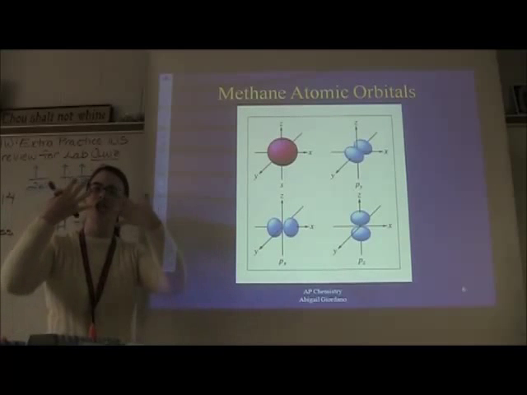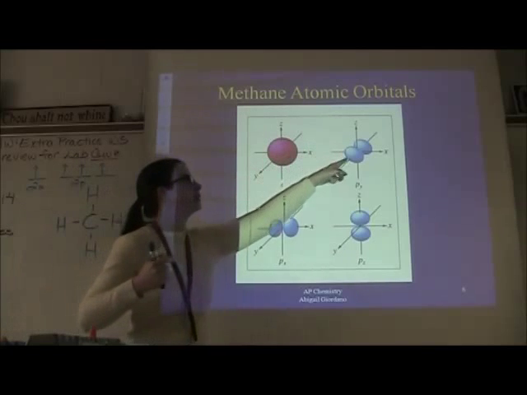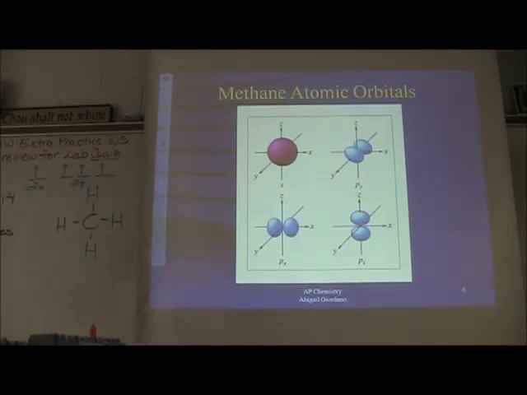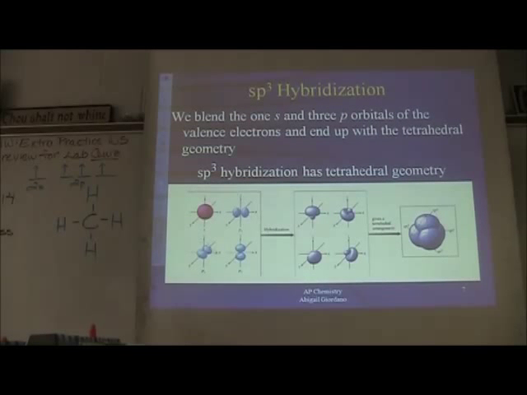What are we meshing together? These shapes. We're going to mush them together so that we get 4 identical shapes. Not identical, mush them together, you get these sort of mushroom shapes. Now they are identical. Okay? So what has been hybridized? The orbitals have been hybridized.